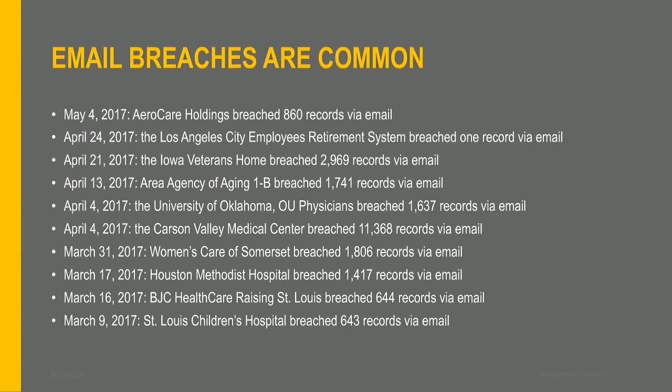So email breaches are really quite common, and I won't go through all these obviously, but these came from just the last few weeks. And as you can see, a lot of organizations across a number of different types of industries are breaching records. They're accidentally sending records via email to the wrong party, or for whatever reason these records are getting out.